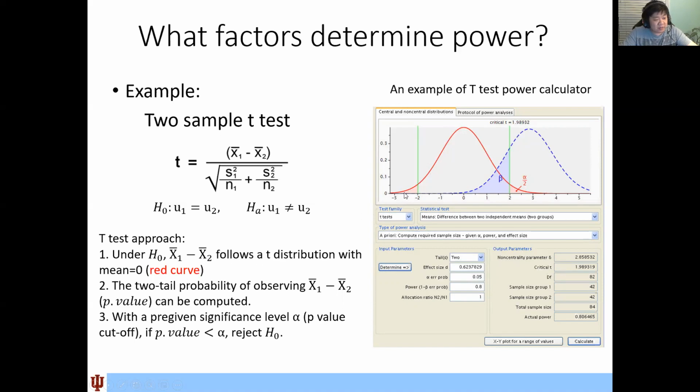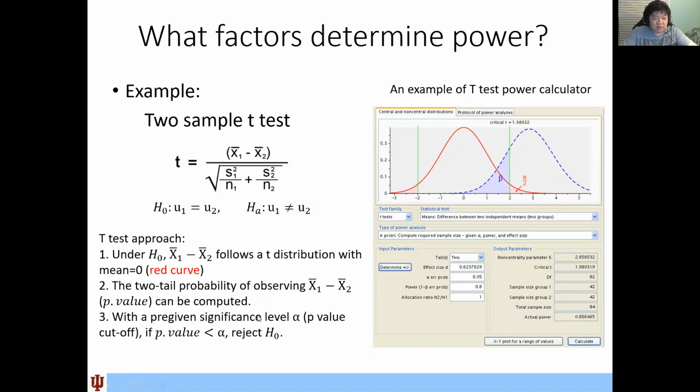So under the null hypothesis, we can have this curve computed, and the two-tail probability of observing x1 bar minus x2 bar can be computed. So for your observed x1 bar minus x2 bar, you can compute the area under the curve, and you get the probability, which is the p-value.